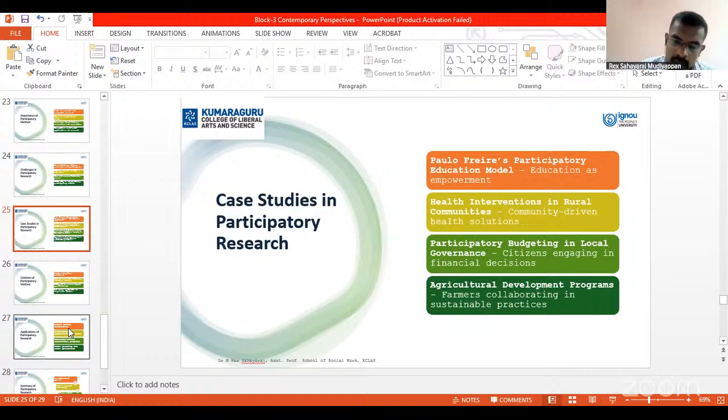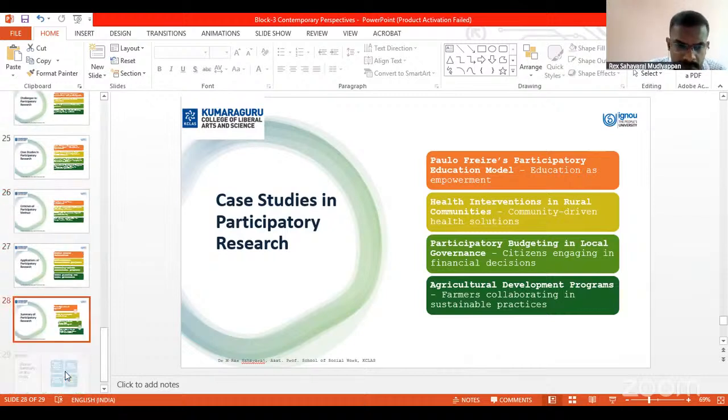Moreover, these kinds of participatory programs need to be studied also: how far they are better than the non-participatory approaches. So if you want to study the education model in Kerala, you can study how it is solving a lot of problems without them emerging. That is one of the areas.